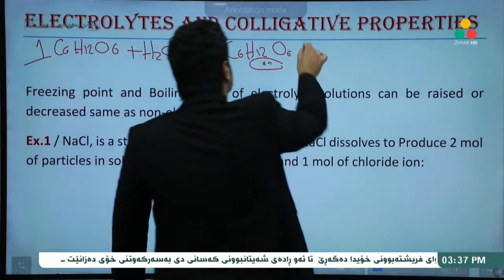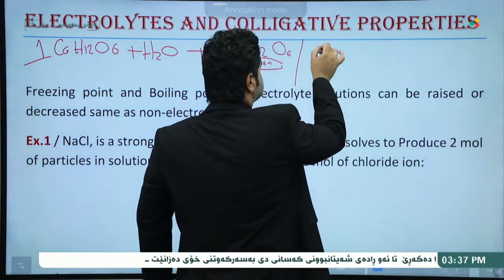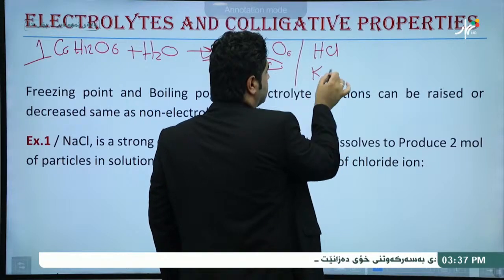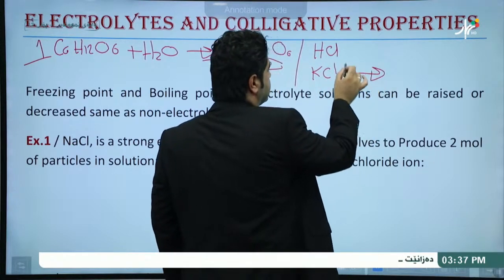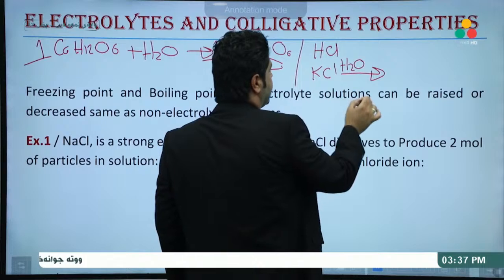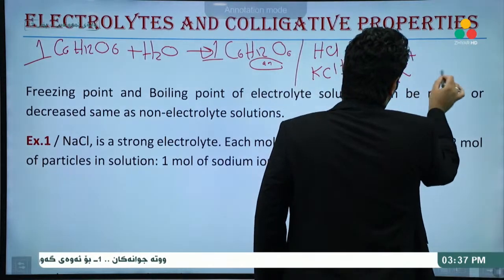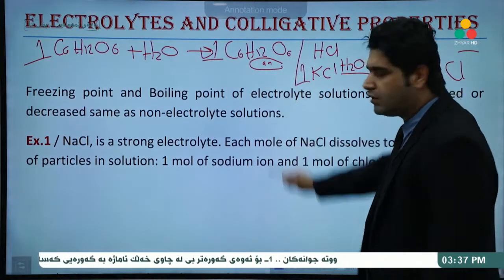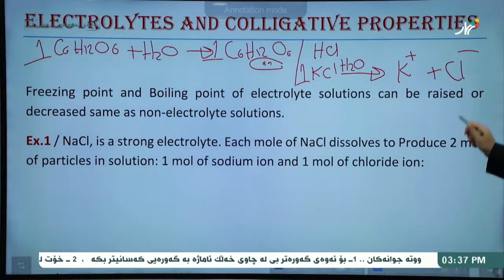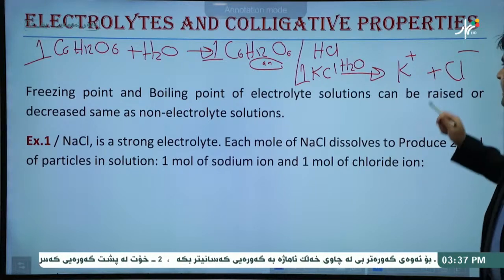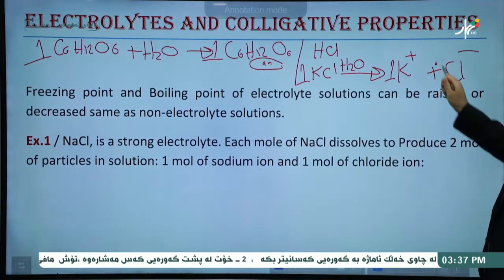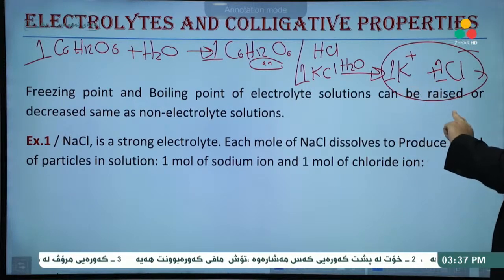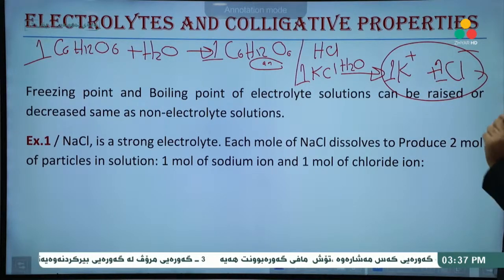But what about electrolyte? For example, HCl. If we put some HCl into water, or KCl, which is an ionic compound, it dissociates to form K plus and chloride negative. If we dissolve 1 mole of electrolyte, at least we should get 2 moles of particles. So that's the difference between electrolyte solutions and non-electrolyte solutions.